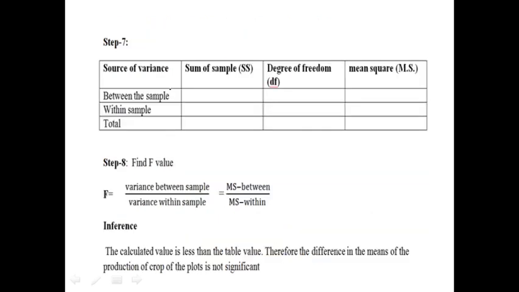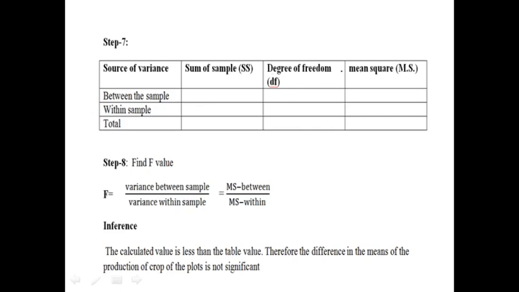So the combined step results are put into step 7, where the between-sample variance and within-sample variance are calculated, and for that again the degrees of freedom are calculated.